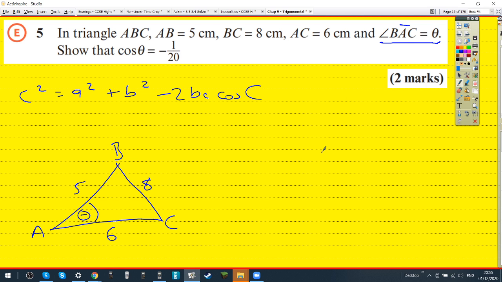So is 8 C then? Okay. So it'd be 8 squared equals 5 squared plus 6 squared minus 2 brackets 5 brackets 6 cos C. Yep.